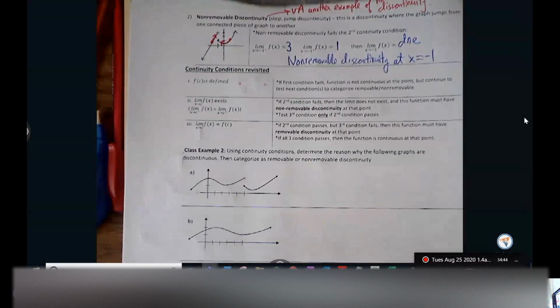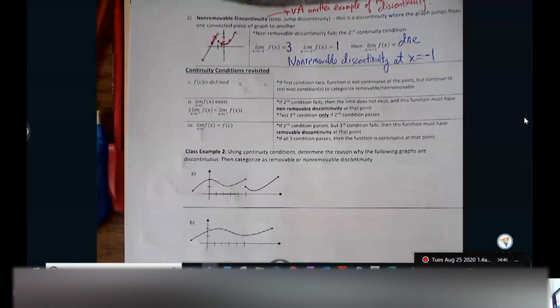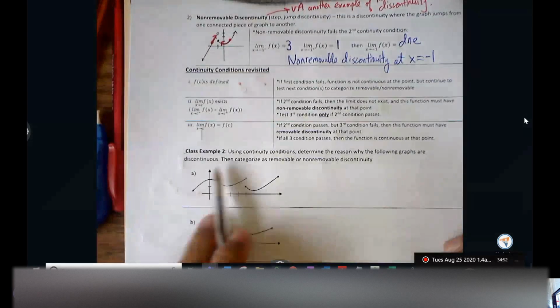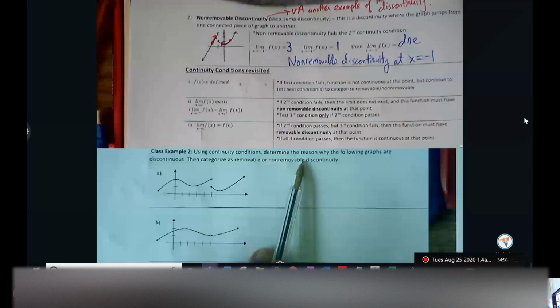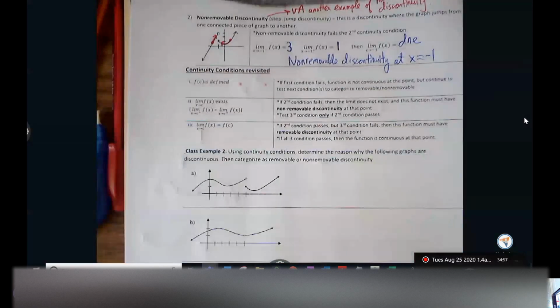All right, let's look at each of these examples here. It says use continuity conditions to determine reasons why the following graphs are discontinuous, then categorize as removable or non-removable.